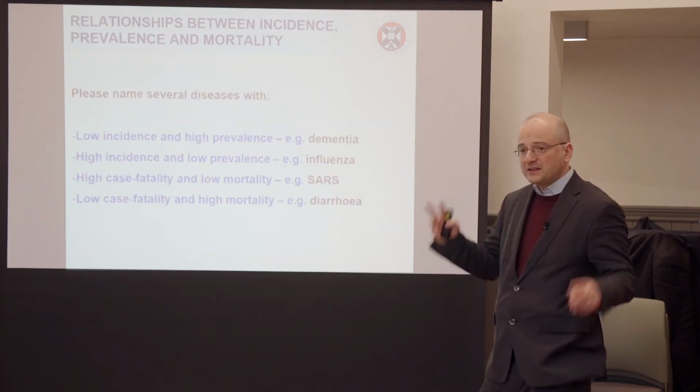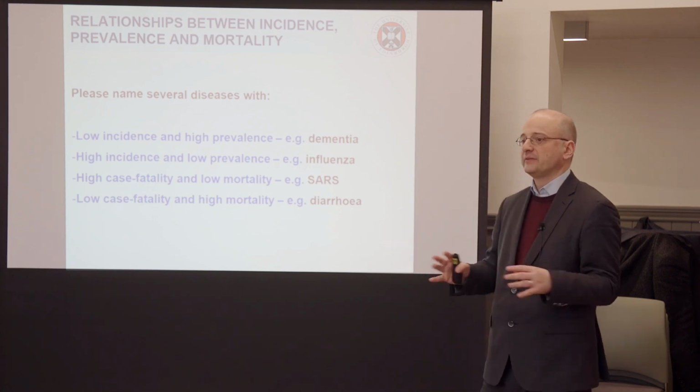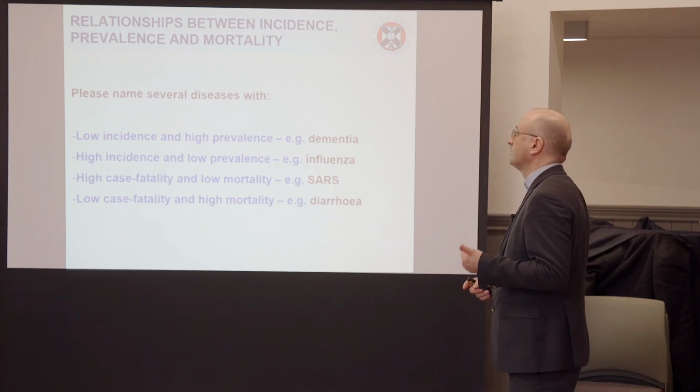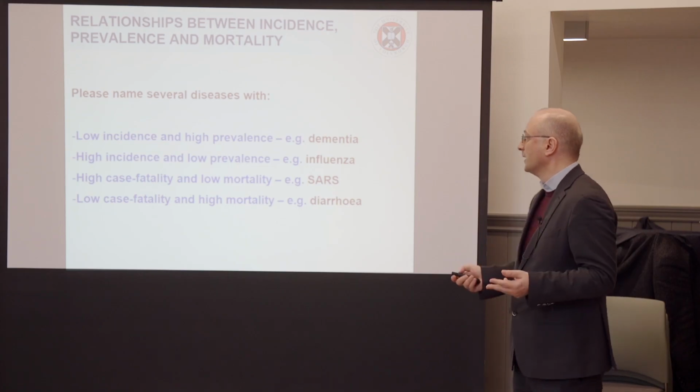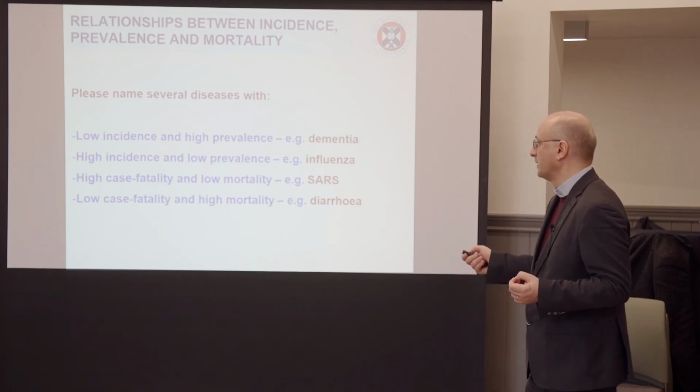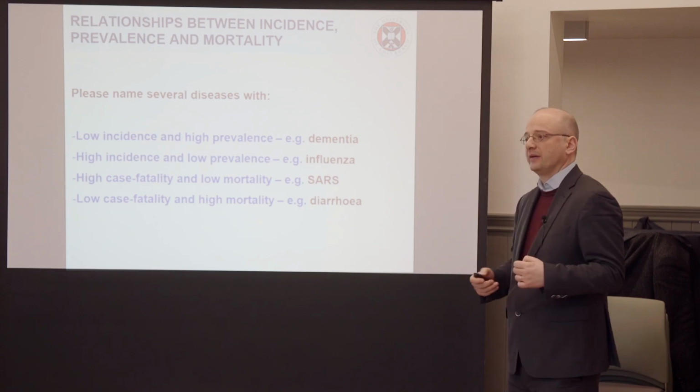Now, let's try to think about the relationship between these three things. You have incidence, you have mortality, and you have prevalence. So, let's think about a disease which has a low incidence and high prevalence.